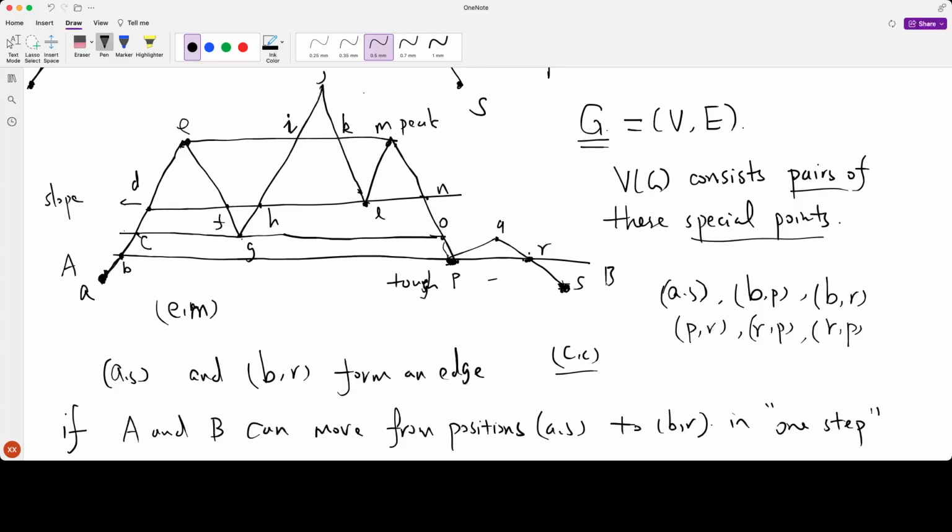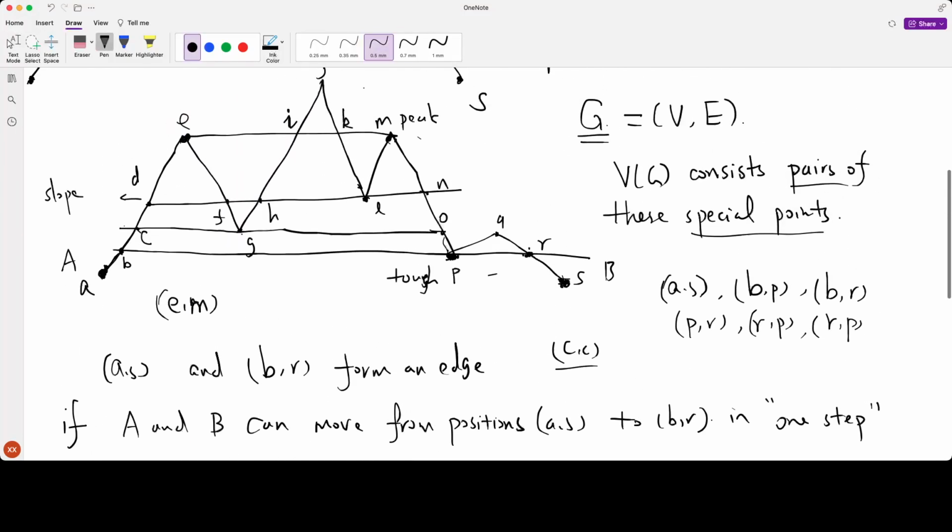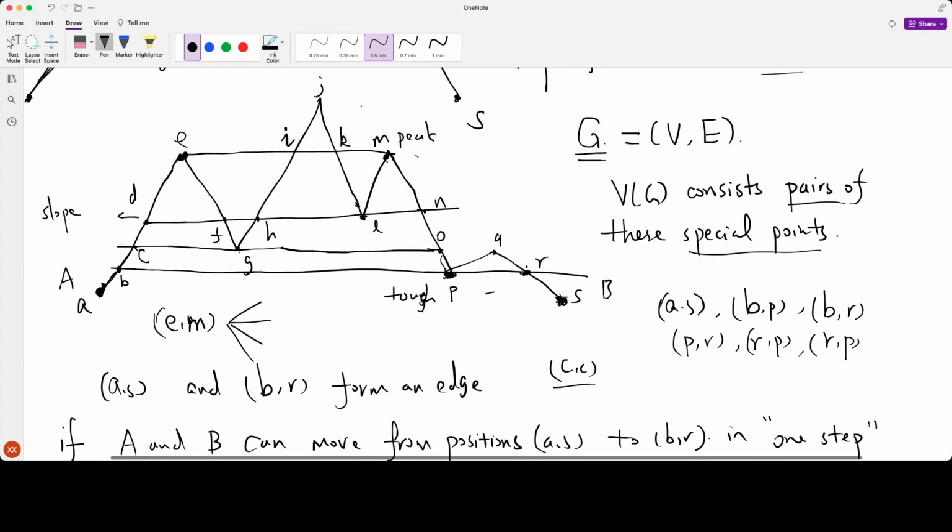So E is a peak, a local maximum. M is also a local maximum. Okay, so in this case, check that the degree of this vertex xy is 4. Because, let's say, what are the neighbors of EM? I say DL.